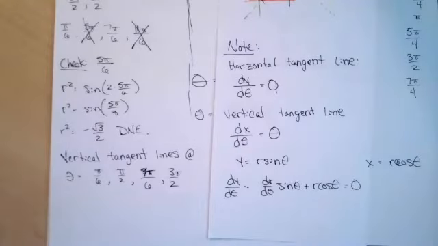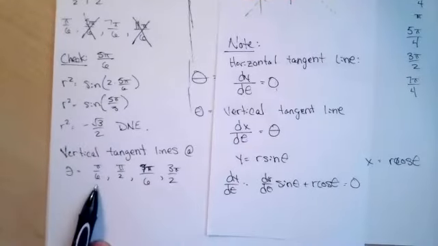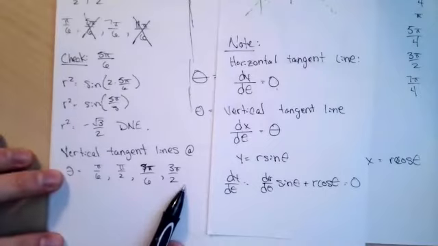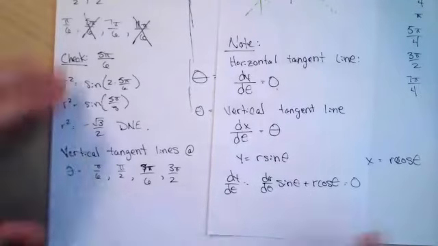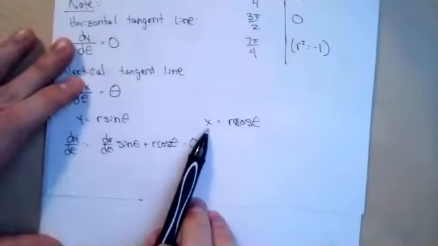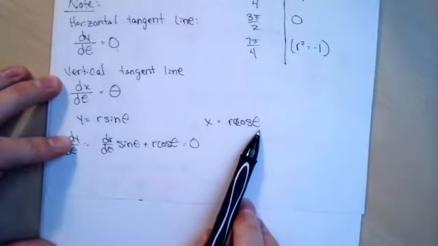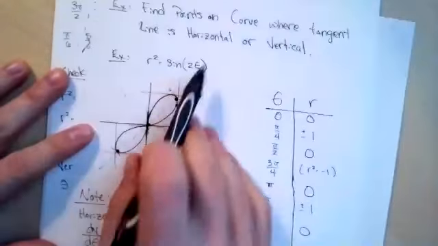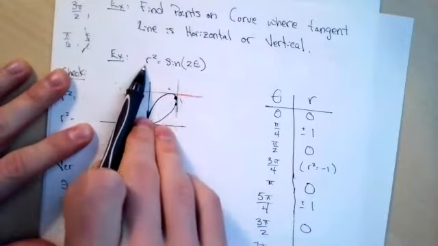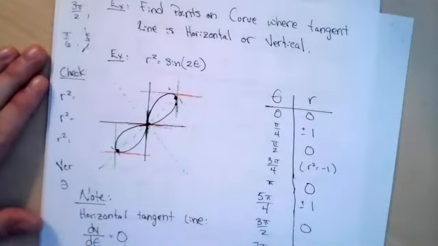Now, if we wanted to actually find the points, we could simply plug these values into our cosine theta and our sine theta. So if we needed to find xy coordinates, plug in your thetas, and then you would also plug in your thetas to this equation to figure out what your r needs to be.